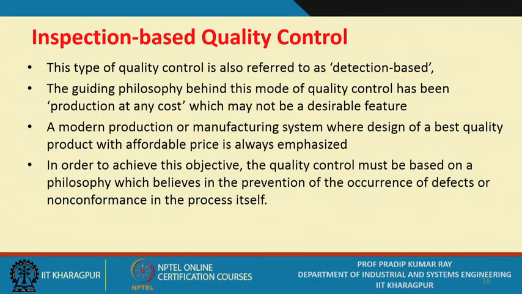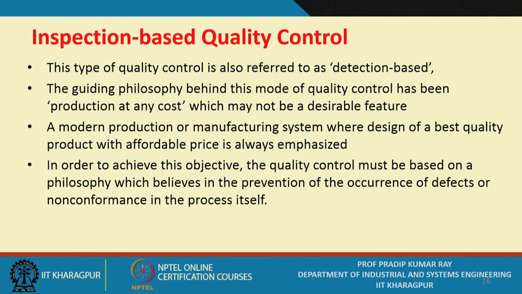So what are the features referred to as detection based? With so many units being produced, it is quite natural that some of these units will be defective. I have already mentioned the production at any cost philosophy. That means don't concentrate on quality, it will come because we have engaged the inspectors.